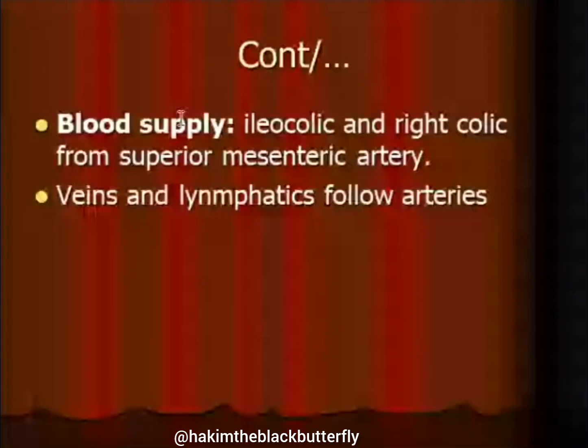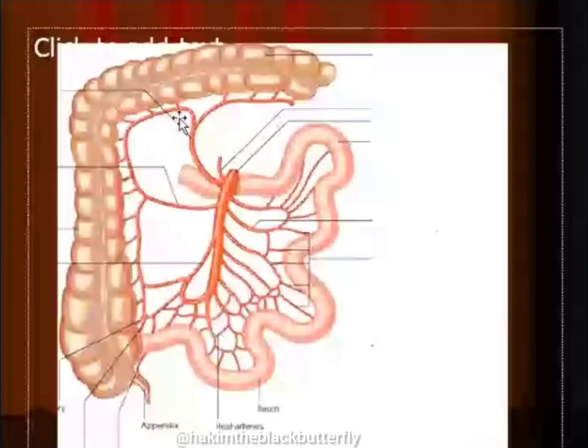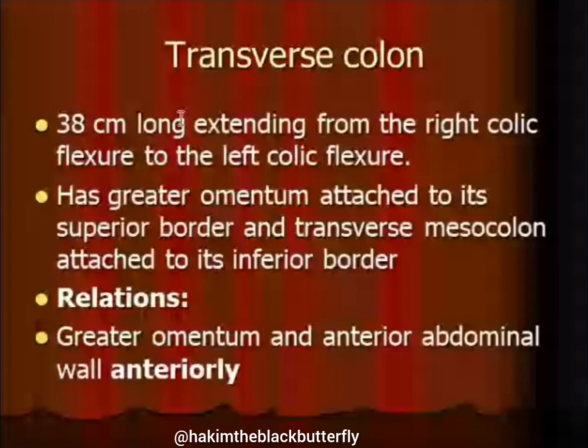And that transverse colon is between 38 to 50 centimeters in length. The greater omentum, that is peritoneum which hangs down from the greater curvature of the stomach, covers it and fuses with it.